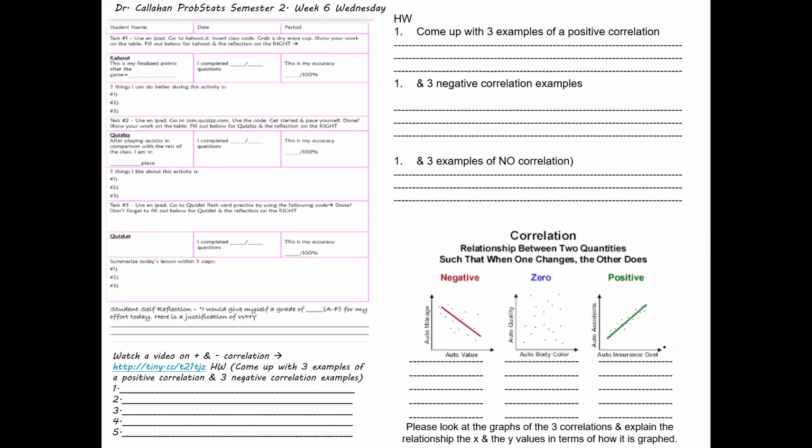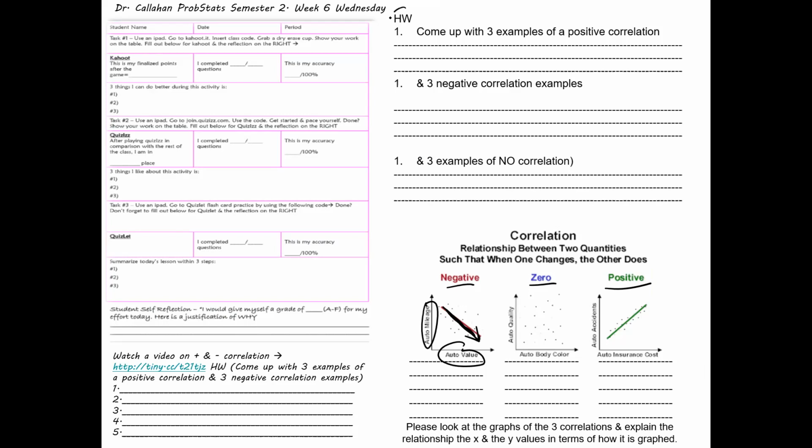Once you look at the graph of the 3 correlations, one's negative, 0, and positive, explain to me how the graph relates to the X and Y values. How does it go down in this direction when the auto mileage goes up and the auto value decreases? Explain that to me for all 3.